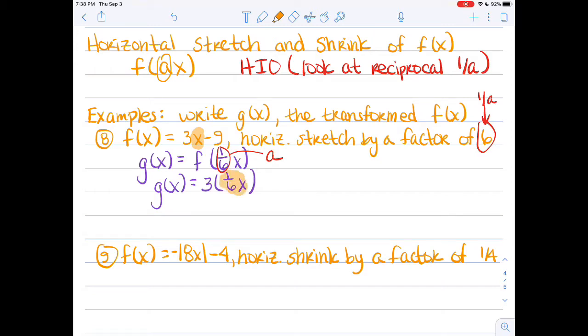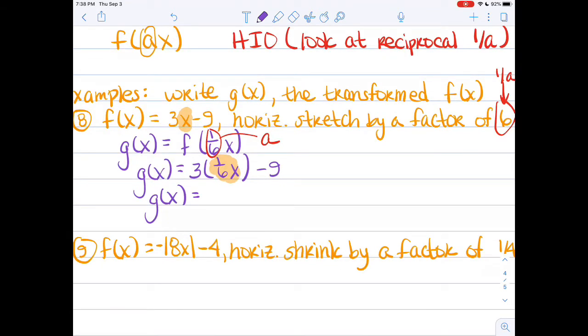Okay, so this 3 is still there. And then we still have our minus 9. All right, so finally, g of x is equal to, well, 3 times 1/6 is going to give me 1/2 x, and then minus 9.